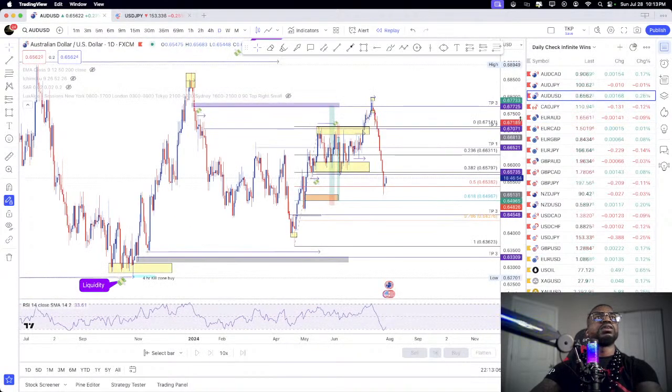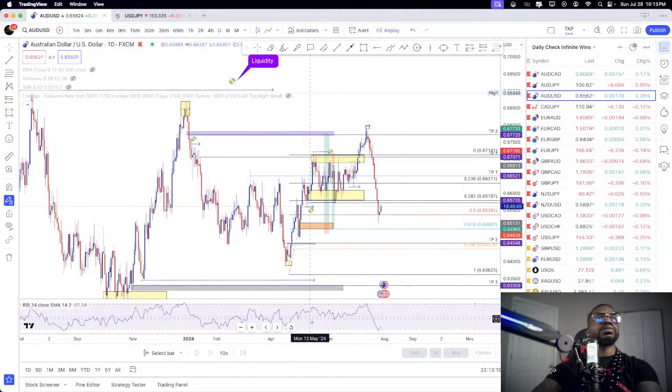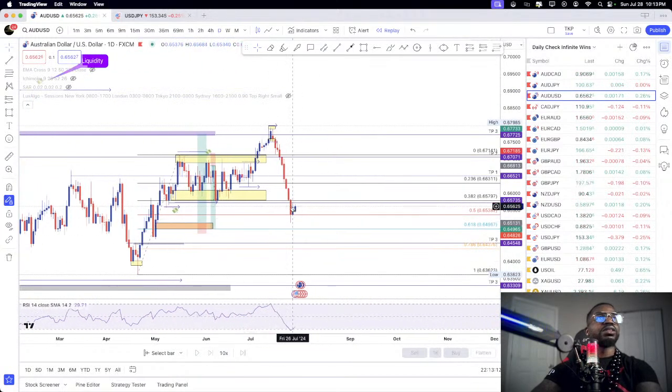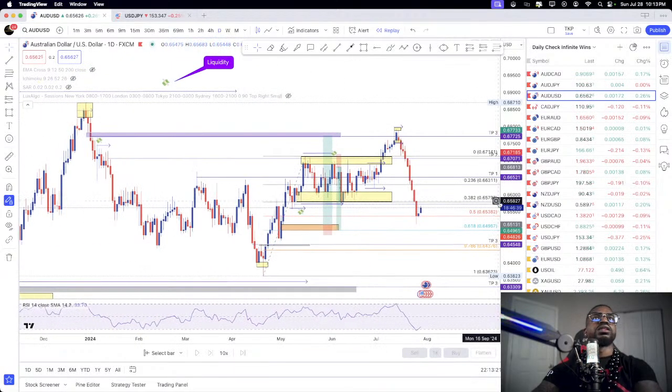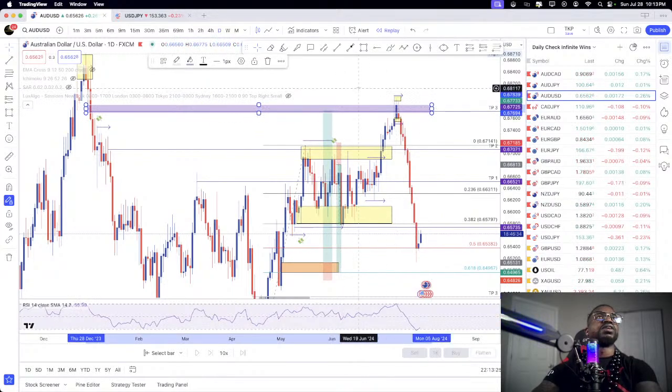Man, let's see. AUD. Oh, this is crazy. Man, this was last week. 1, 2, 3, 4, 5. Bro, that is a massive sell. So I noticed on the daily, this level here.